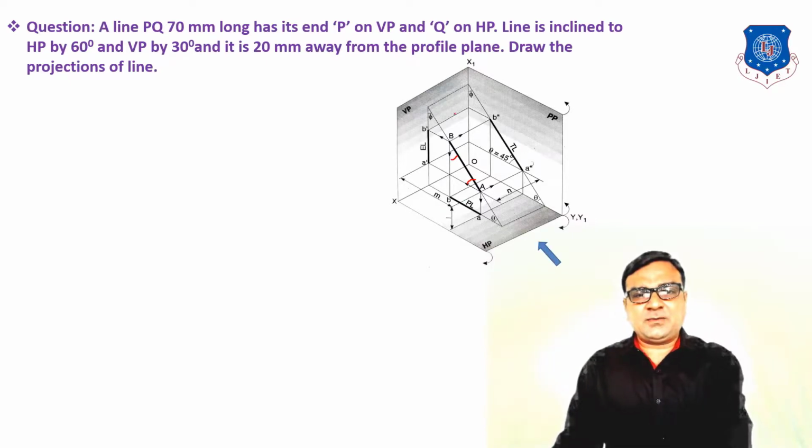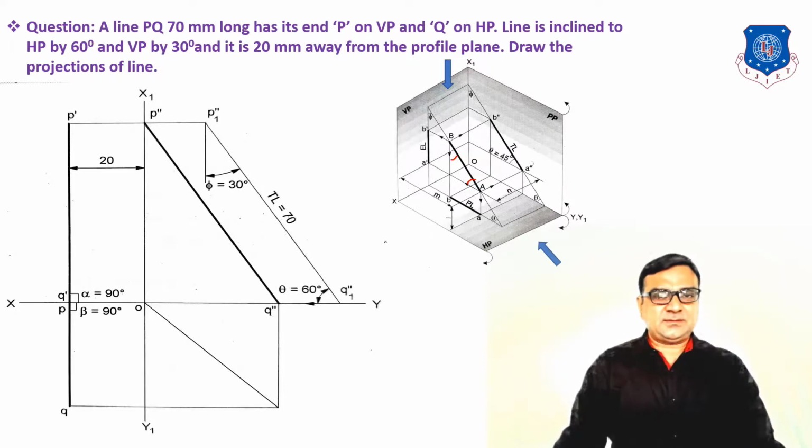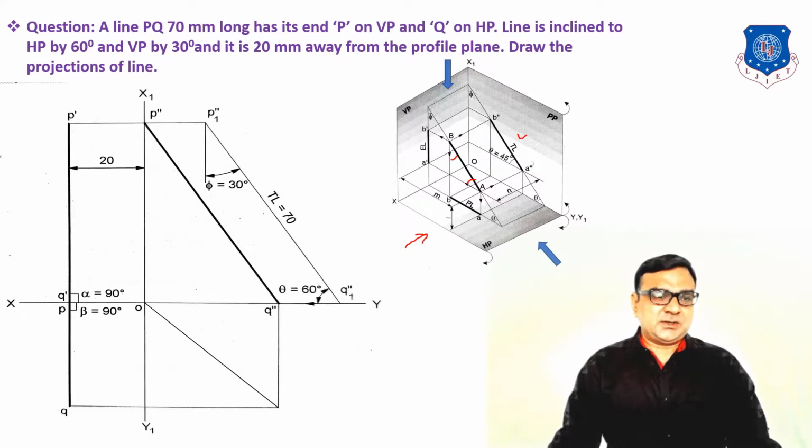So the front view of this line on the vertical plane is A dash B dash, and the top view, the plan on the horizontal plane, is small a. So the projections are on the XY line, and the left hand side view of the line on the profile plane is the true length. So how to draw this in 2D?